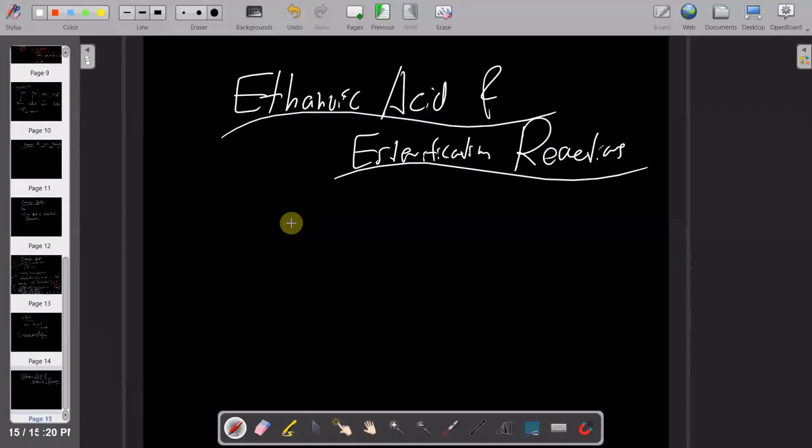Right? Formation of ethanoic acids. You can do it in two ways.